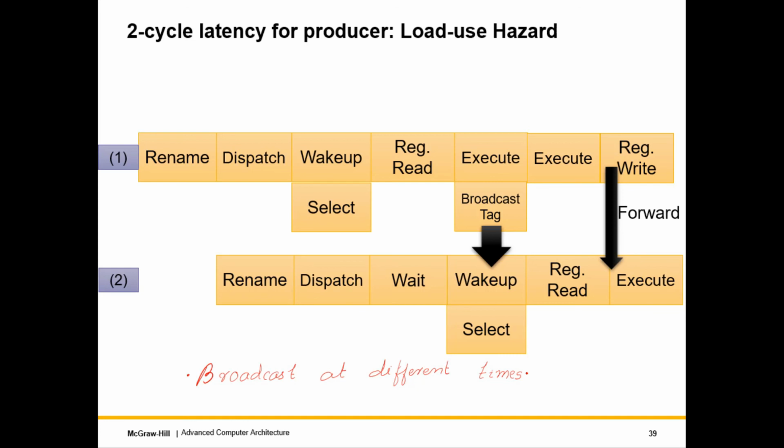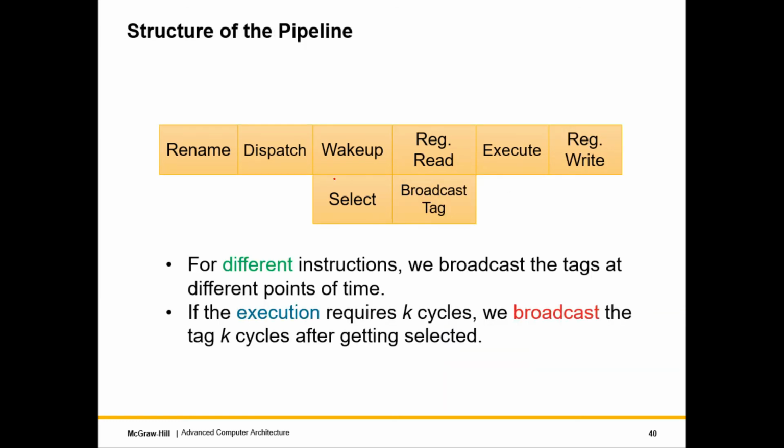We don't broadcast at the same time, we broadcast at different times. So for an add instruction, we broadcast in the next cycle, in the register read cycle. And for a load instruction, we broadcast 1 cycle later, which is in the first cycle of execute.